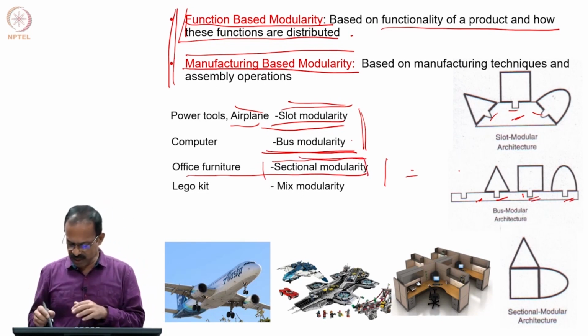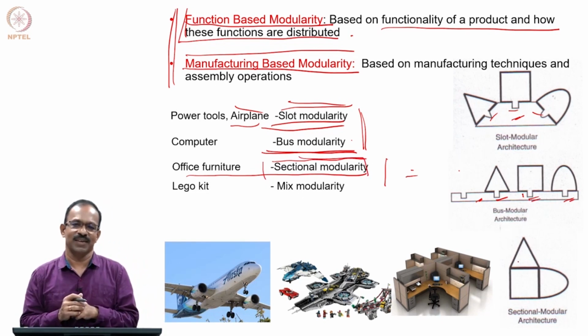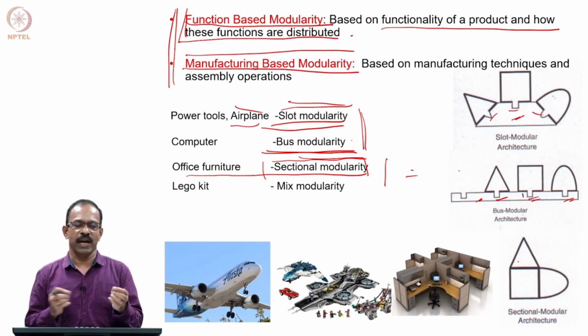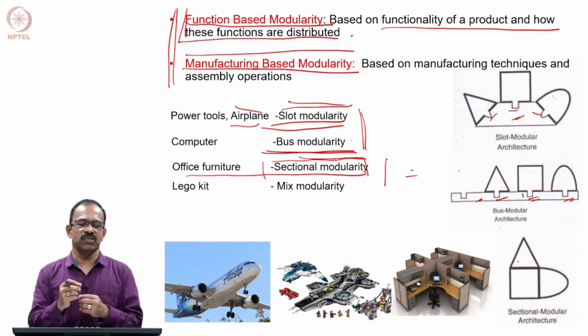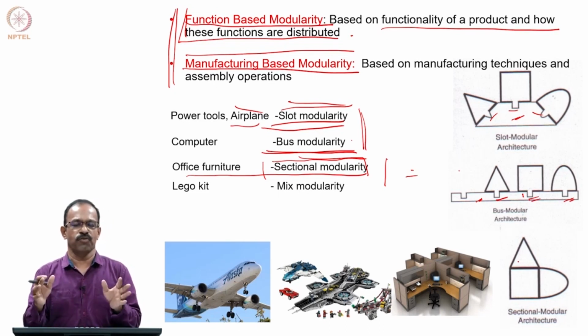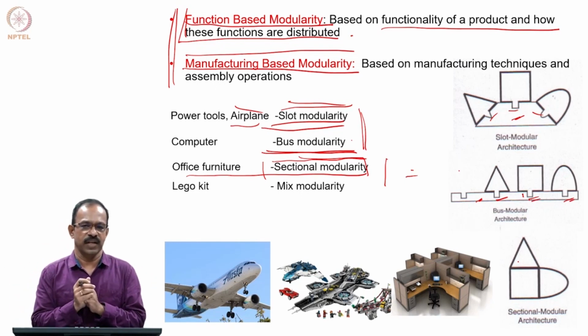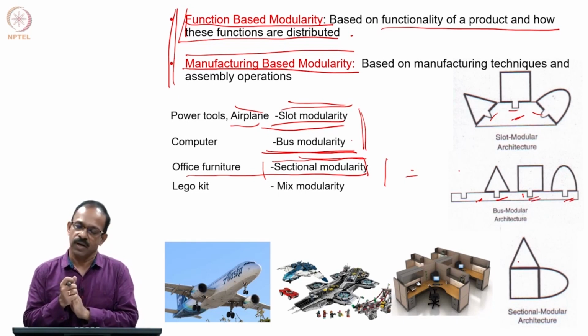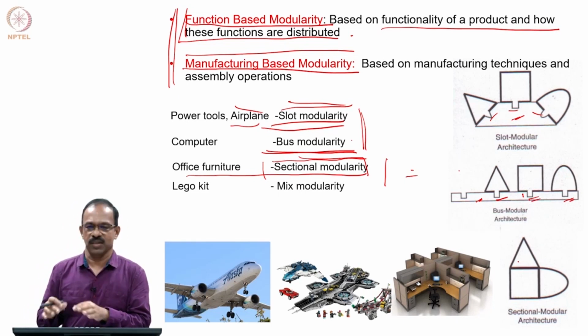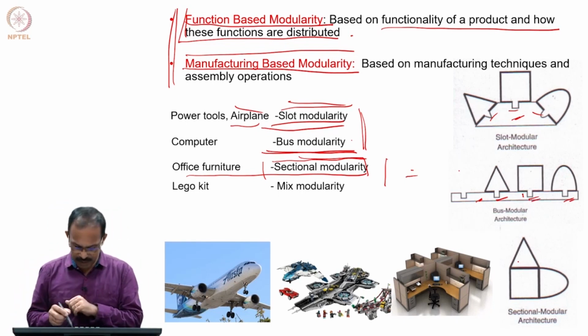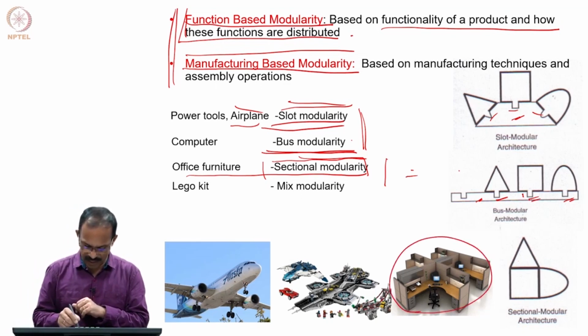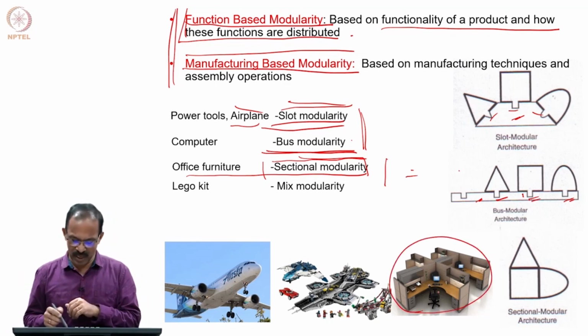In sectional modularity you can see that each one is an individual module, but they have interfaces, and you connect these modules to form a structure. So, you can have different structures identified, or you can develop different products based on this kind of architecture. A typical example is office furniture.